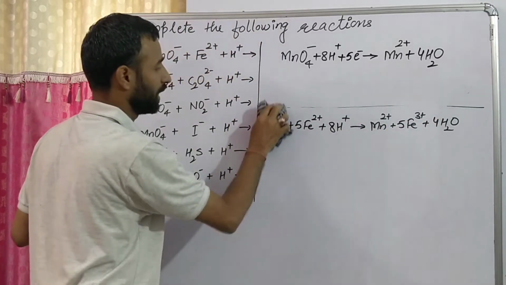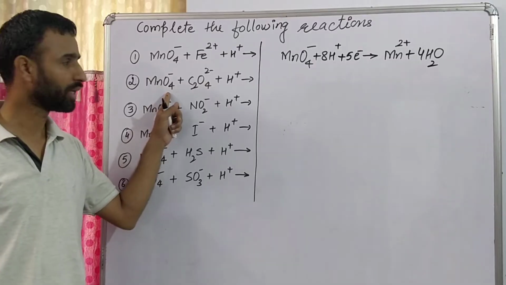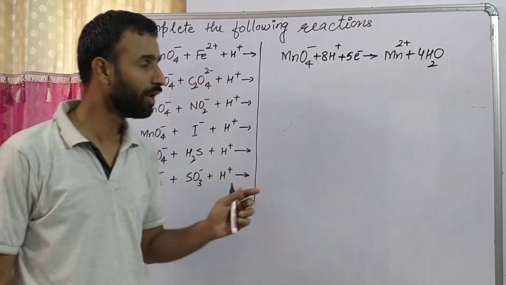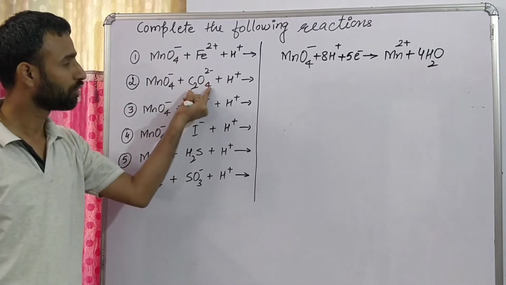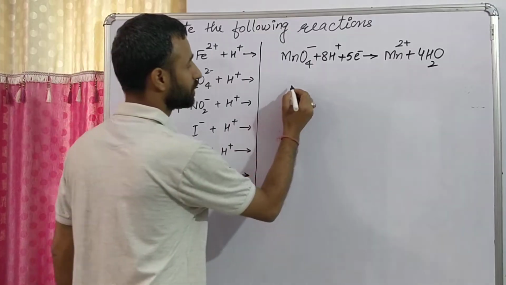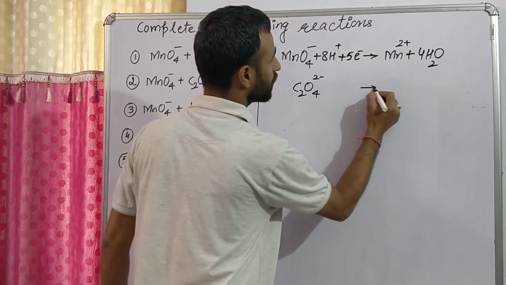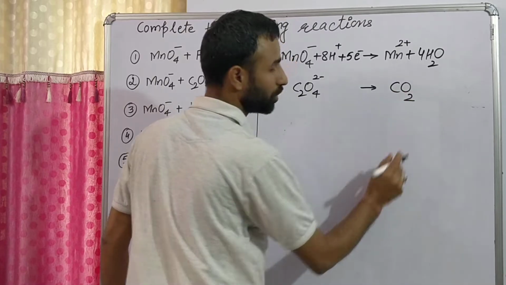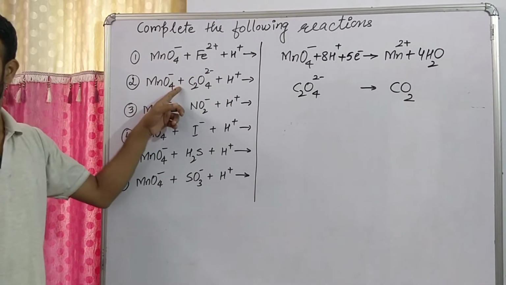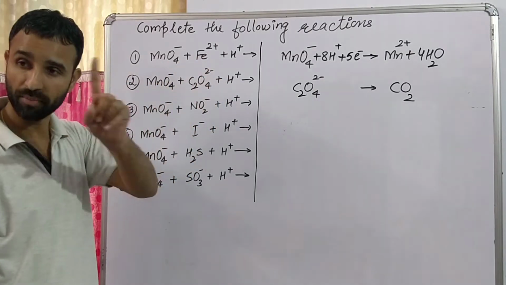Now come to the next equation. Again MnO4 negative in acidic medium, and the first half-reaction remains the same. Now we have the oxalate ion, C2O4 2 minus, which is converted into CO2. These first two equations are used in the volumetric analysis experiments as well.